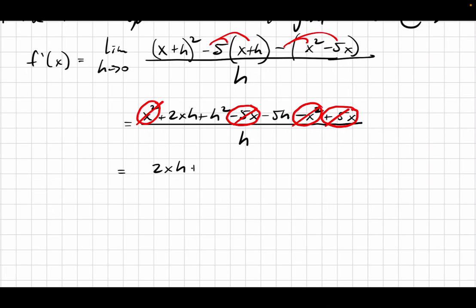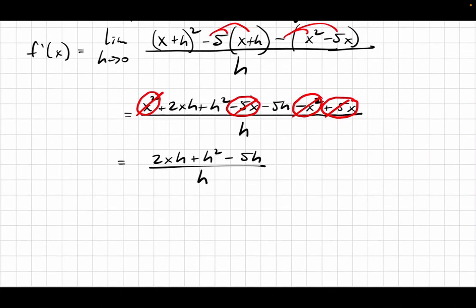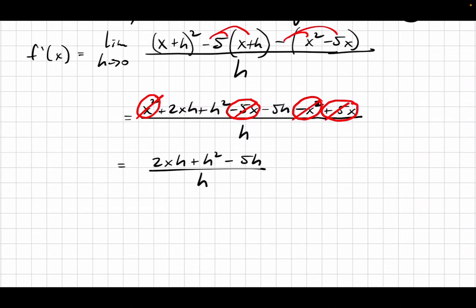Two xh plus h squared minus 5h over h. They all got h's.